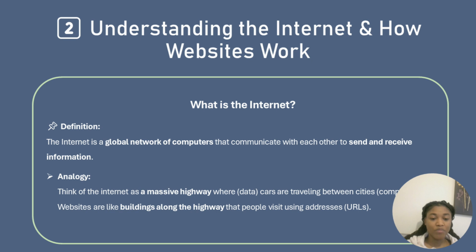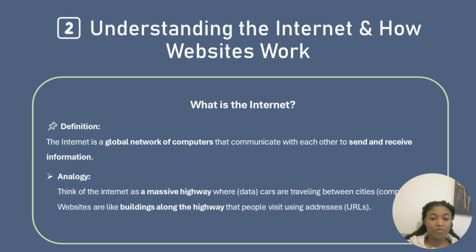Again, the analogy: think of the internet as a massive highway, like a road, where cars are moving up and down between different cities, right? Now, while these cars are moving, they'll stop at different buildings on this highway. People will visit different buildings based on the address. Oh, I live in this place. My address is here. So you drive your car down the highway, stop at my address, and visit me or do whatever you want to do and continue driving.